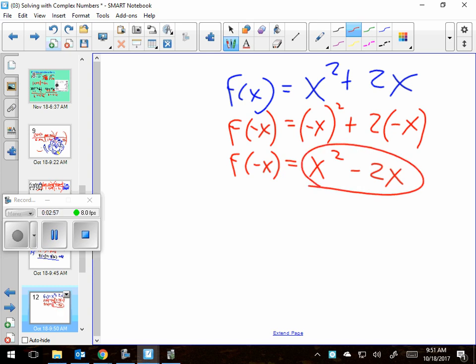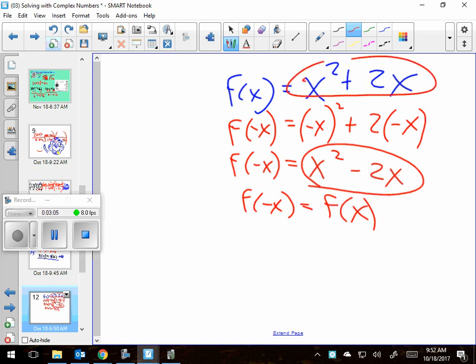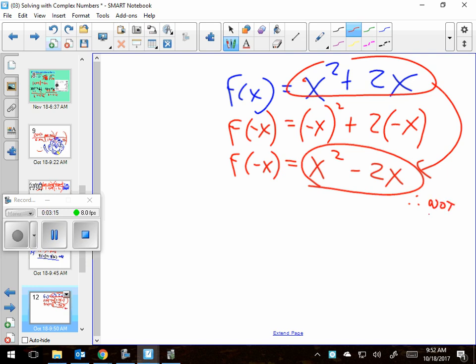Because if it was, we could replace it and we'd say f of x is equal to f of x. But is this actually the same as that? No, it's not. And therefore, I now at that moment know and can say, therefore, it's not even, because that's not f of x over there.